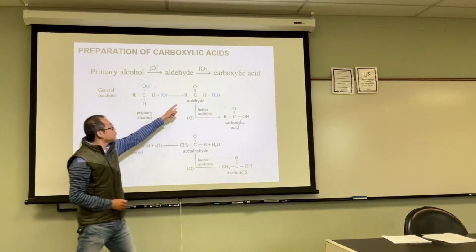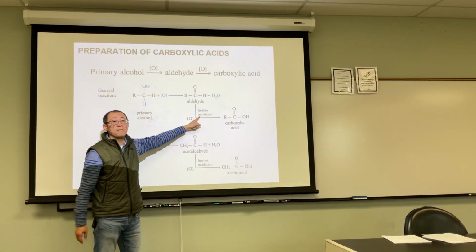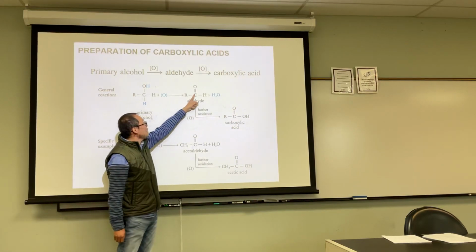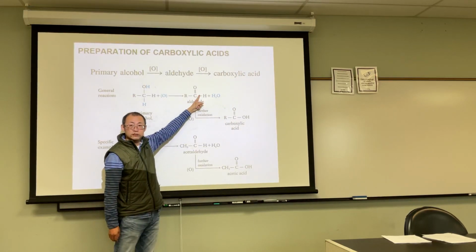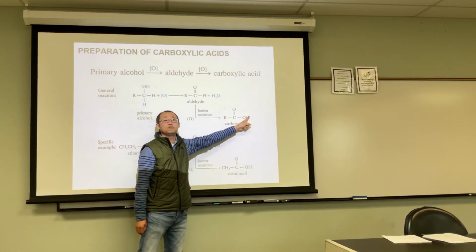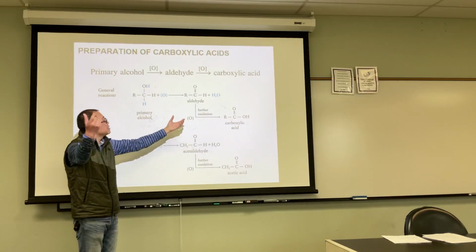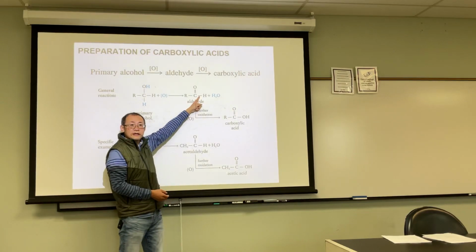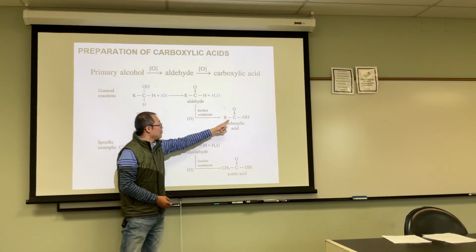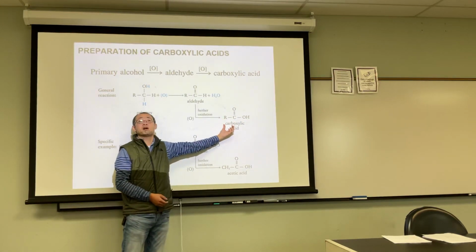When an aldehyde is oxidized, for example, by Tollens' or Benedict's reagent, the aldehyde CHO will be converted to COOH. Like I told you during the practice, what you need to do is simply insert an O between the C and the H. That's how you get COOH. And this is a carboxylic acid.